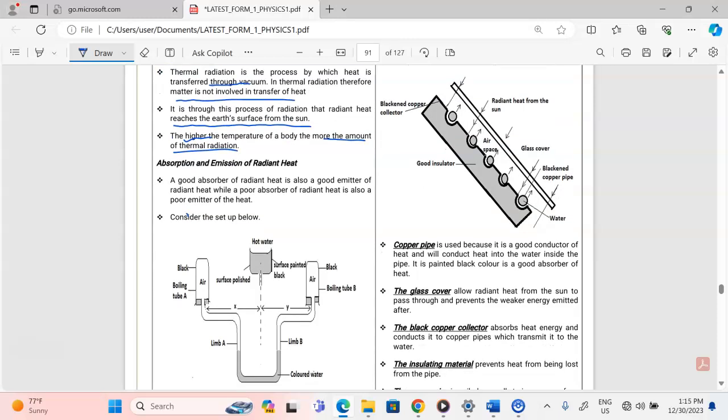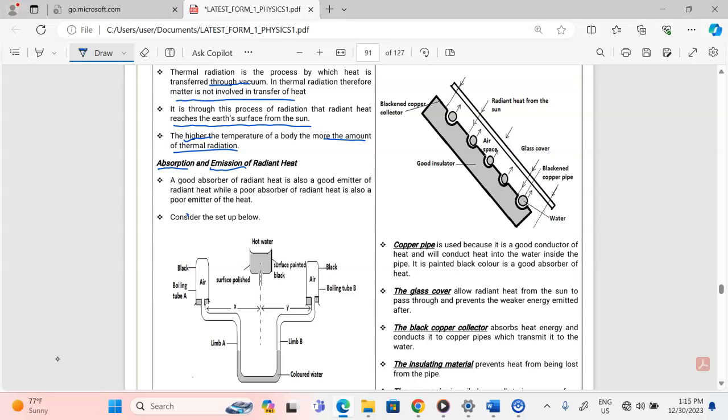Now that we are talking about thermal radiation, it's good we handle the two modes of heat transfer which take place, because when heat has been emitted from the object which has a high thermal radiation, the same heat energy gets absorbed in another body of a lower thermal radiation.